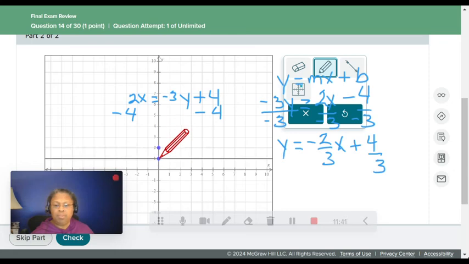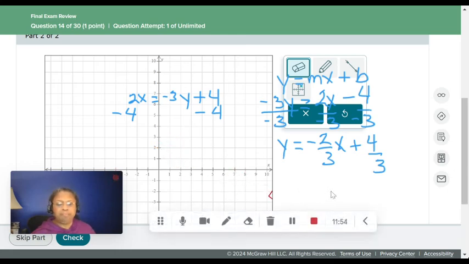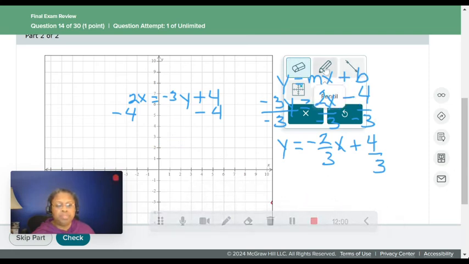It won't go in between. That's not right. Okay, see, I had it in the right place and it won't mark it. Okay, I'm going to try this one more time. Not with that tool. We have to use this one.